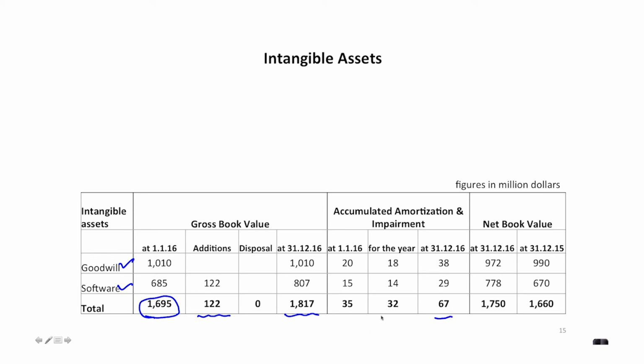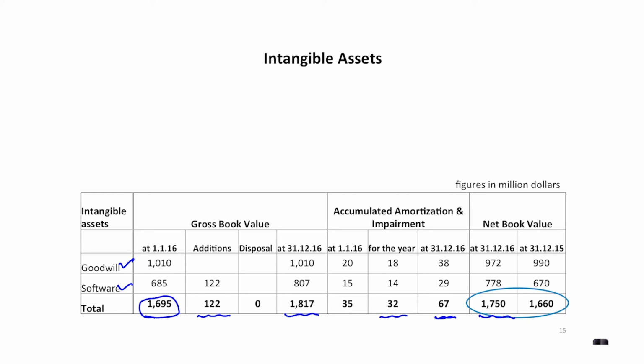So during the year, we have $32 million amortized both goodwill and software, and we have a net amount of $67 million of accumulated amortization and impairment, resulting in a net book value of $1,750 million of intangible assets.